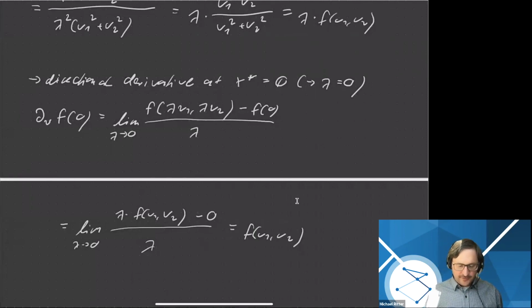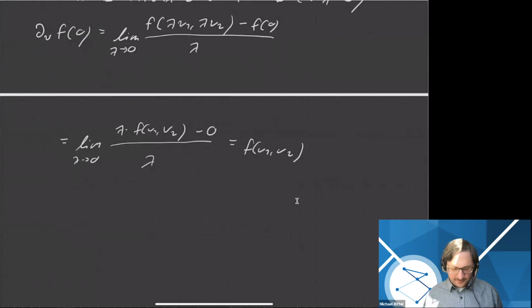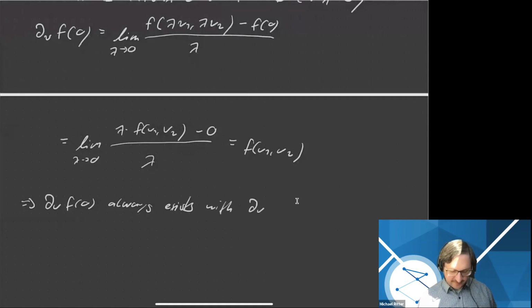And of course, that is perfectly defined for every possible choice of v1, v2. So no matter what the direction is, the directional derivative does always exist. So D_v f at 0 always exists, with the value D_v f(0) = f(v1, v2).